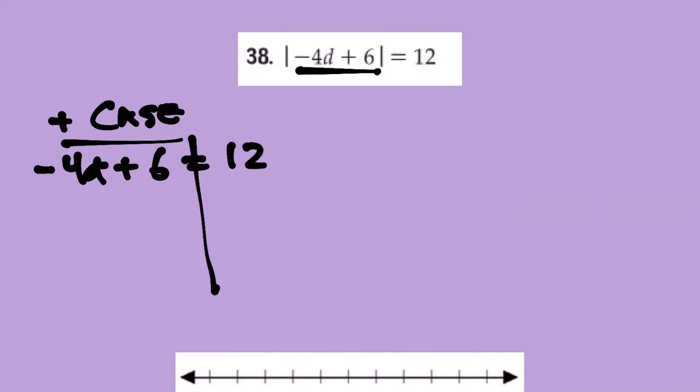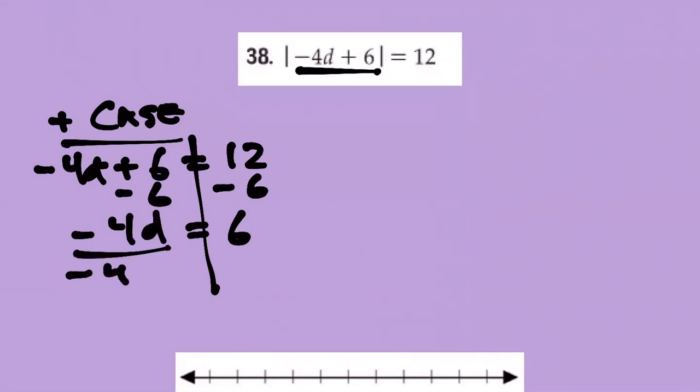Let's solve this. We're going to subtract 6 from both sides. You're going to get 6 over here and negative 4d. Then we're going to divide both sides by negative 4, and d is going to equal negative 3/2.